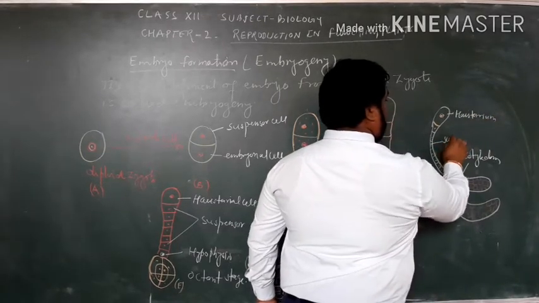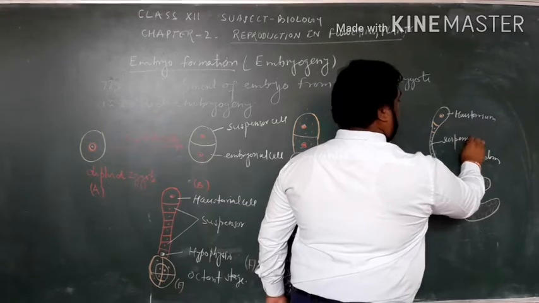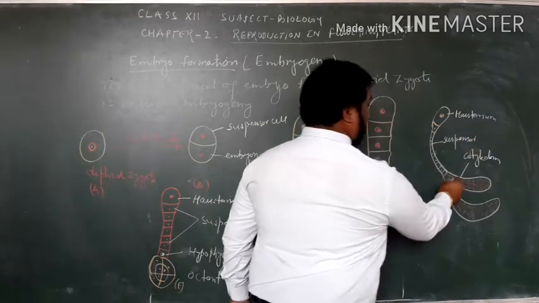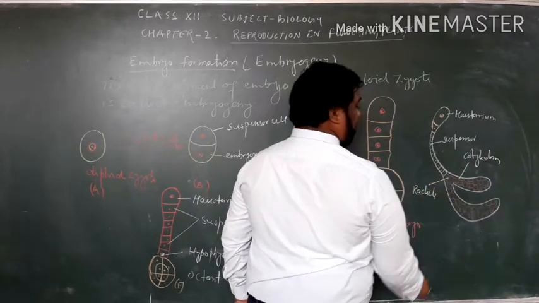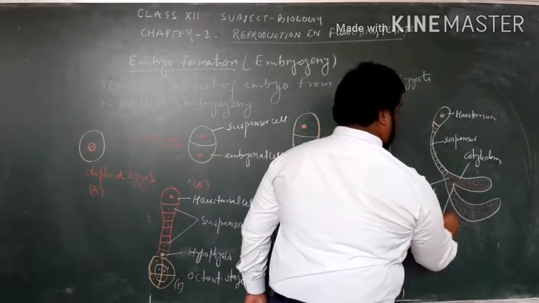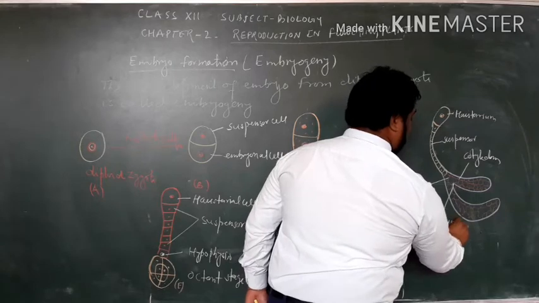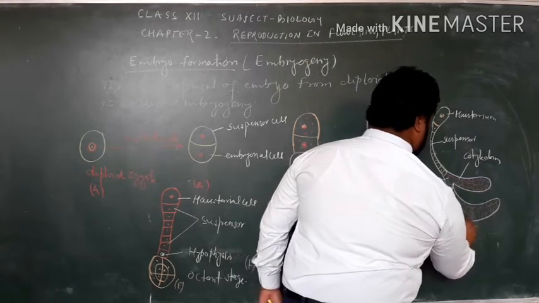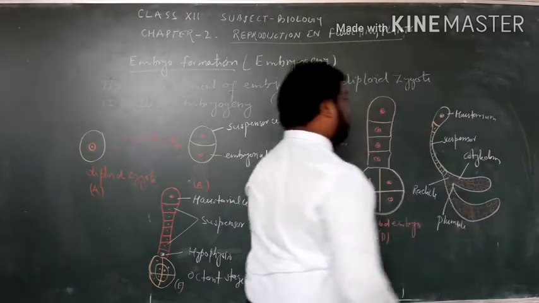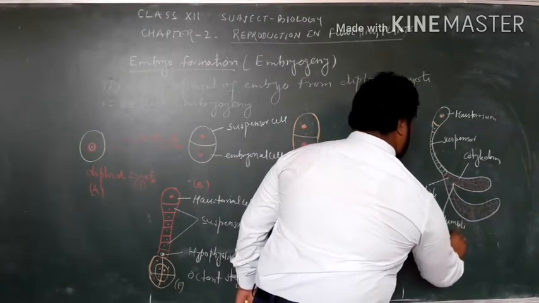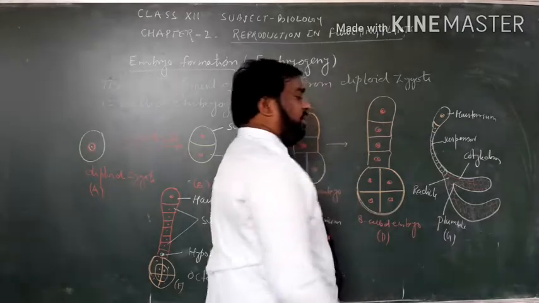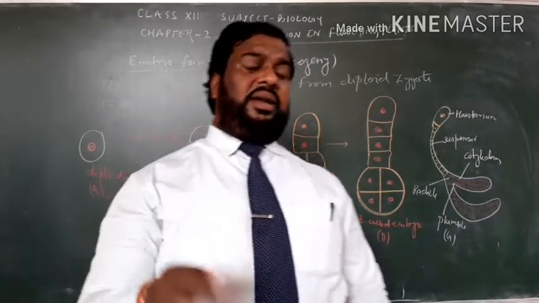This is the suspensor, and this is the radicle, and last this is the end of plumule. So this is structure G, embryo development in diploid plants.